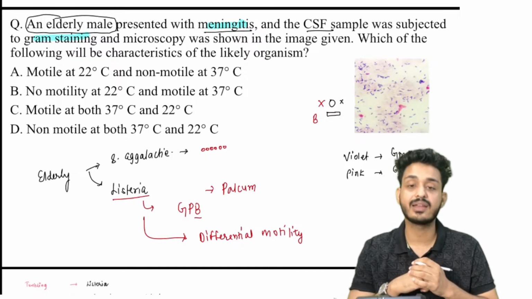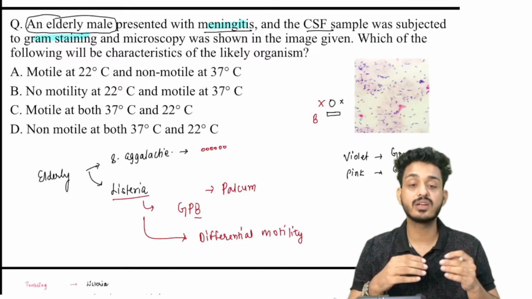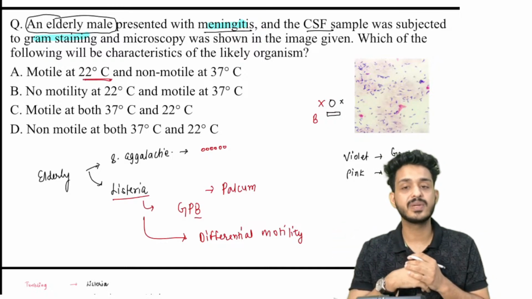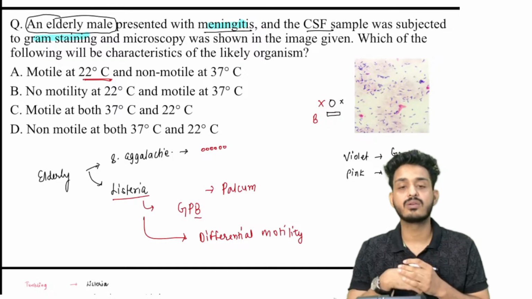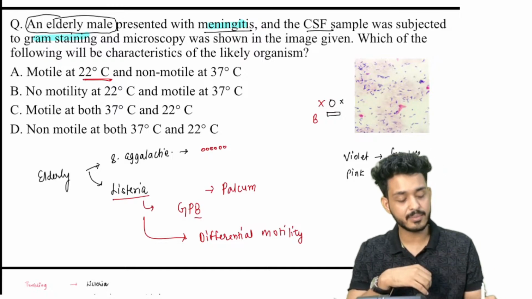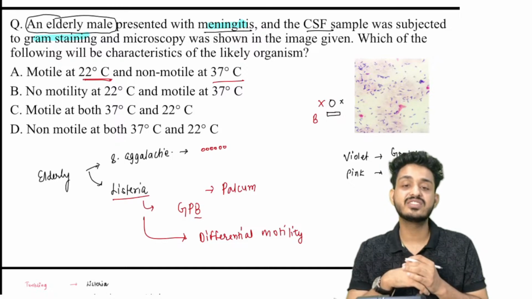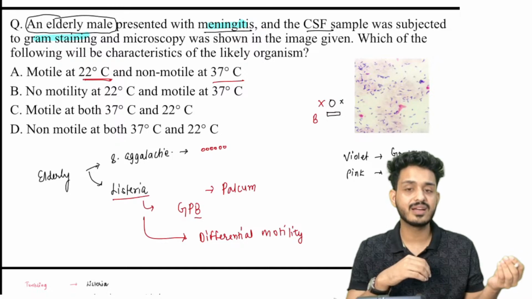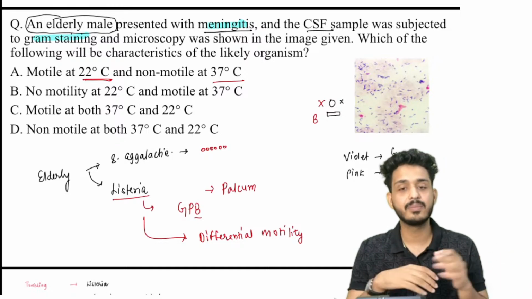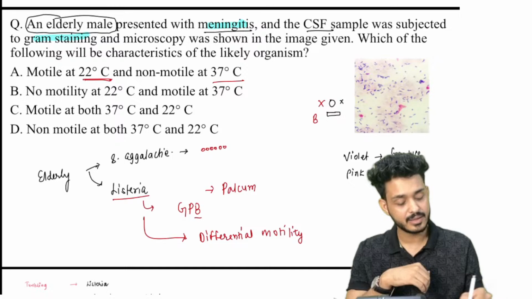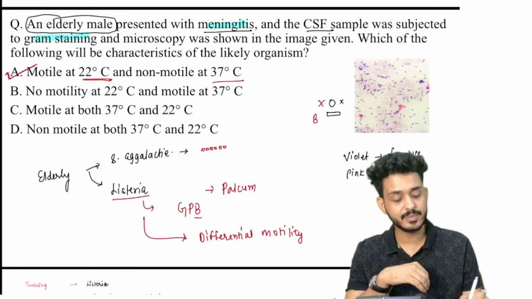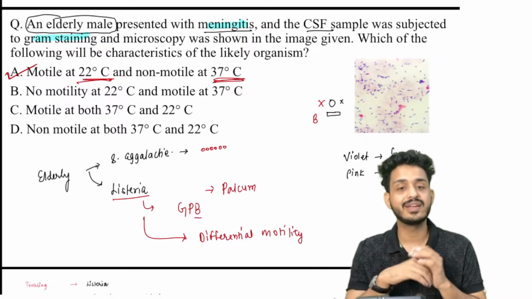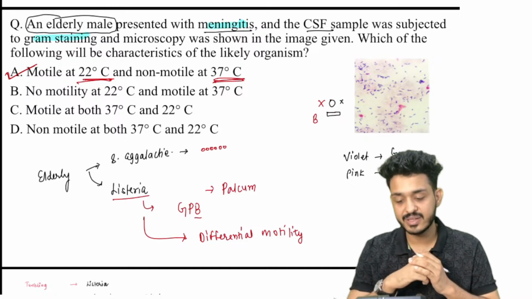Remember, when we are young, we are drinking and roaming outside, but after some age they stop. For the example's sake, you can remember that they will be motile at 22 degrees Celsius and non-motile at 37 degrees Celsius. This is how you can remember this.